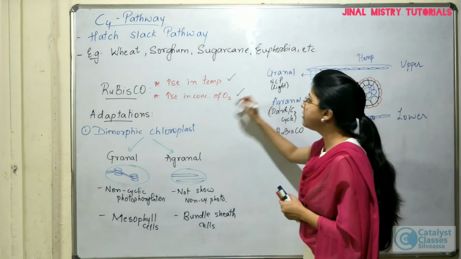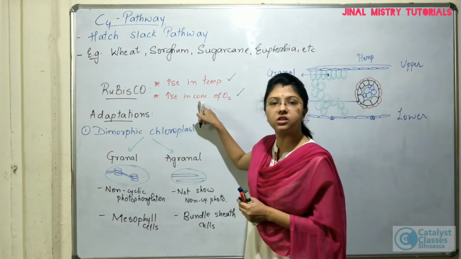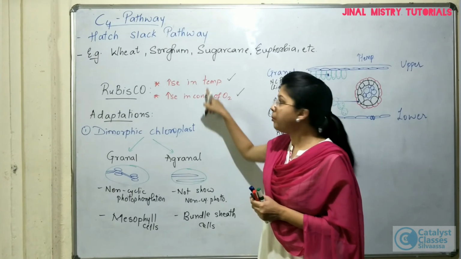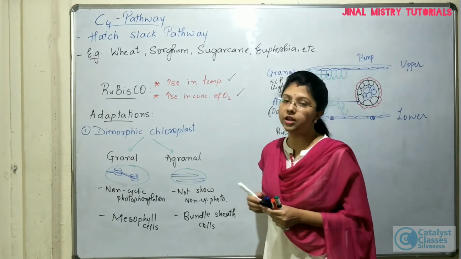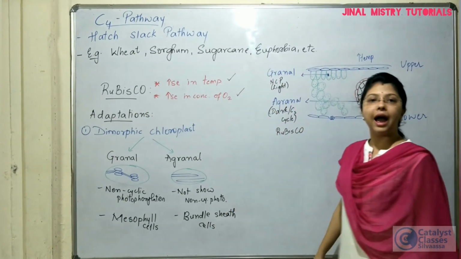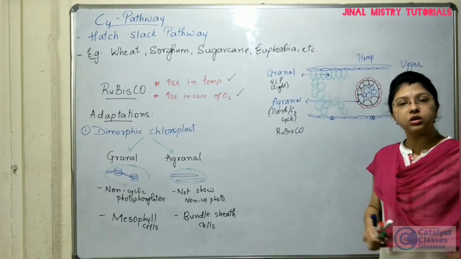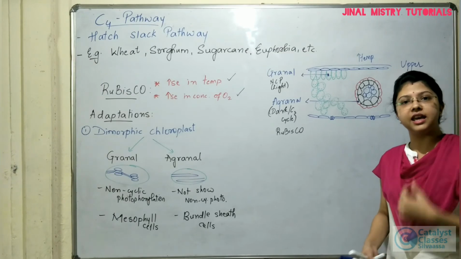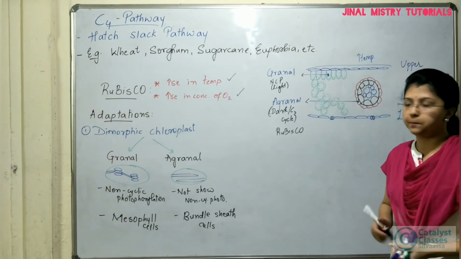So there will never be an increased concentration of oxygen. Both conditions are fulfilled, and as a result Rubisco here is going to act as a carboxylase instead of acting as an oxygenase enzyme.